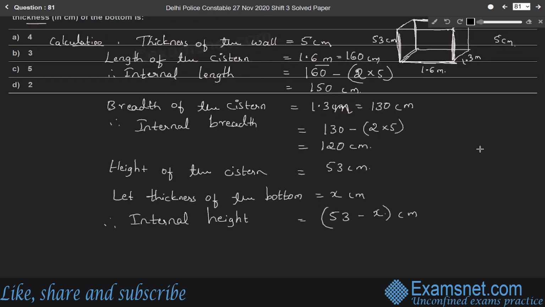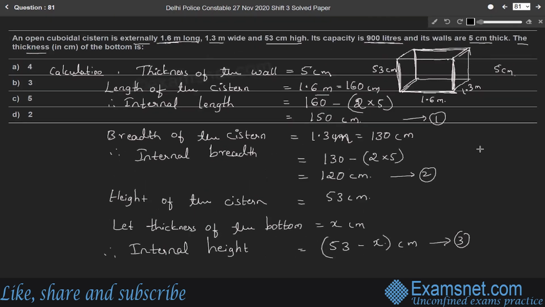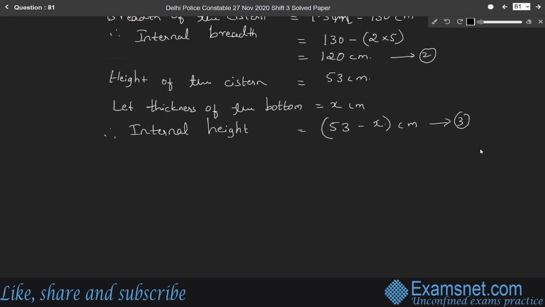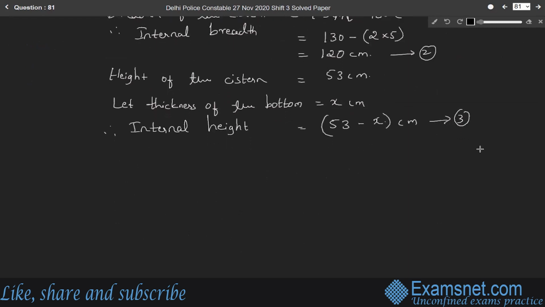So here we have internal length, internal breadth, and internal height. And also we know the capacity of the cistern, which is 900 liters, nothing but the volume of the cistern.